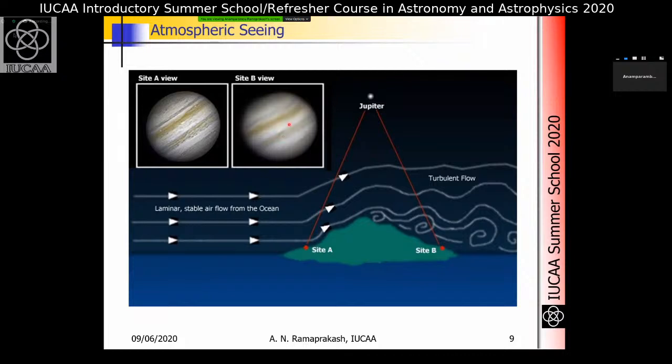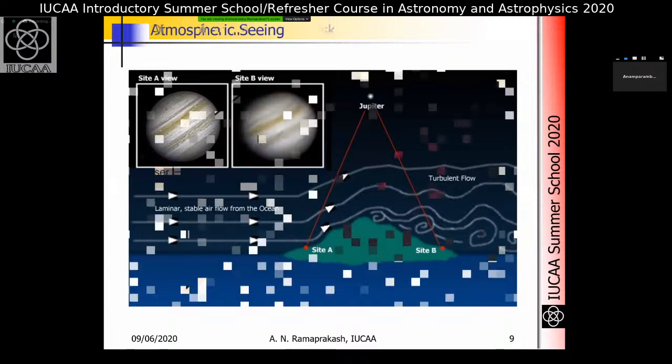So it is very important to identify the correct location of an astronomical observatory, and you should locate it in a place where the airflow is as undisturbed, as laminar as possible. The moment the airflow becomes disturbed, it disturbs the image quality, and that way you will not be able to resolve fine details of structures on celestial objects which you are looking at.